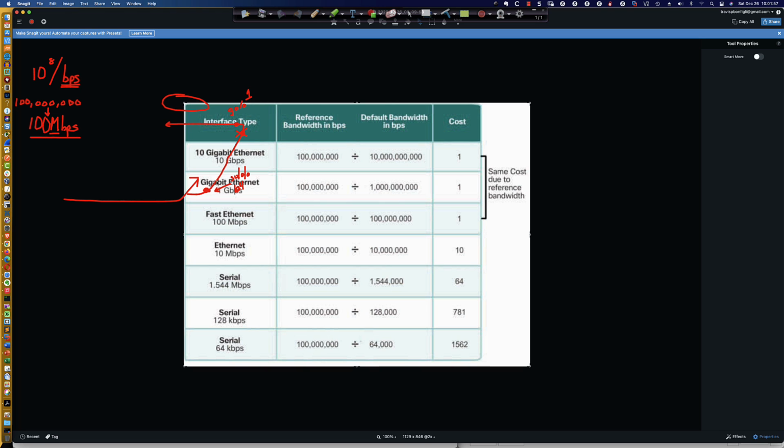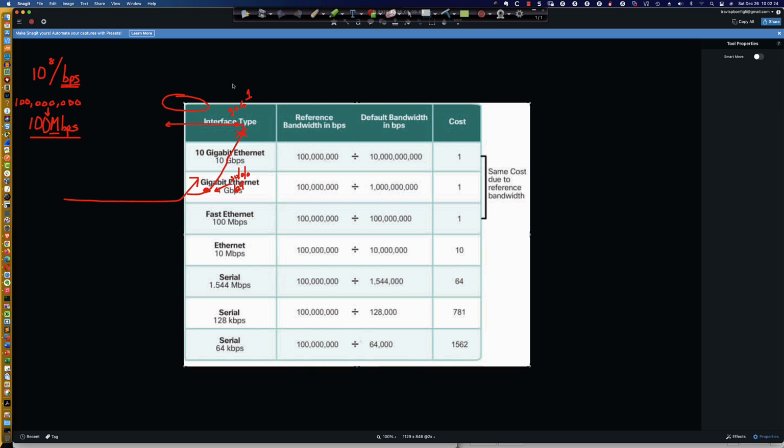there is no way I would want that. There's no way I would want a 100 megabit per second interface to be treated the same, in terms of preference from OSPF's viewpoint, as a 100 gigabit per second interface. There's no way you would want that to happen. And again, I say that facetiously. Sure, I'm sure there's a corner case where you could say, oh no, here's where the Fast Ethernet interface would be preferred.